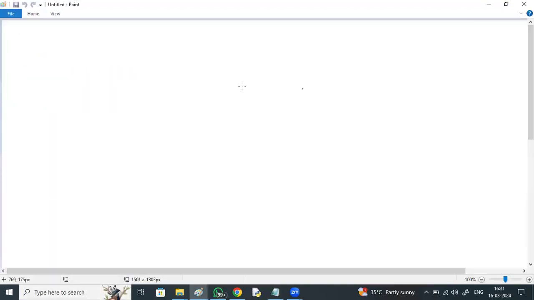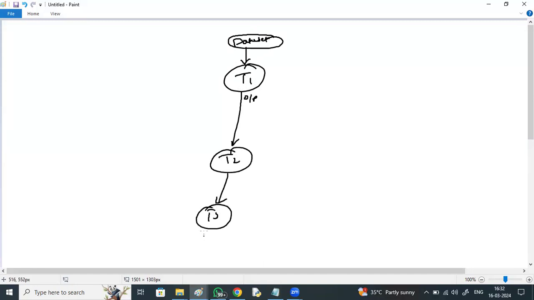For example, this is your data set. On this data set you operate a T1 transformation and get some output. On that, again a T2 transformation, then a T3 transformation.